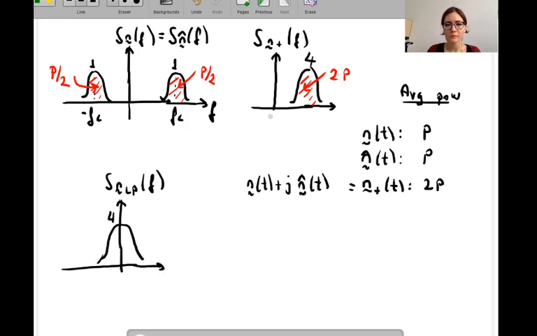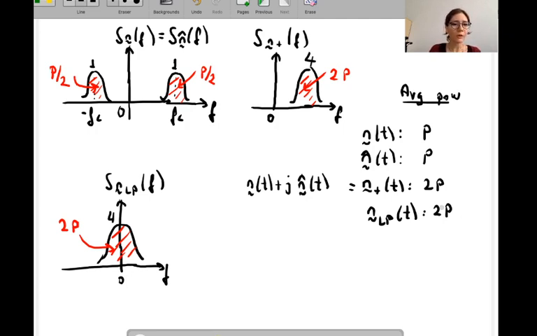So let's put 0 here, not forget the signs. Here we'll have the same area, obviously, so the average power is going to be 2P. So let's also add it here, so n LP of t will also have the average power 2P.